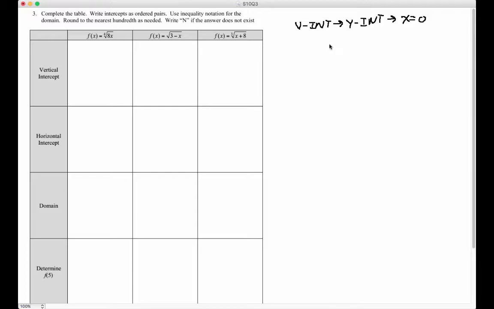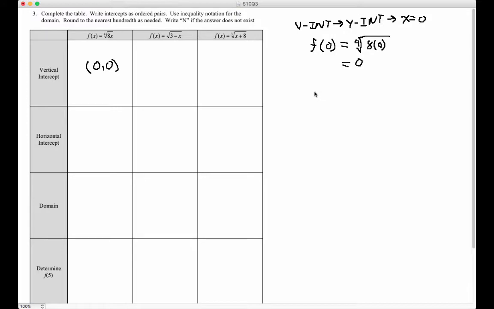So when you want to find a vertical or y-intercept, you need to evaluate f of 0. So f of 0 equal to the fourth root of 8 times 0 is going to give us the fourth root of 0, right? And the fourth root of 0 is equal to 0.